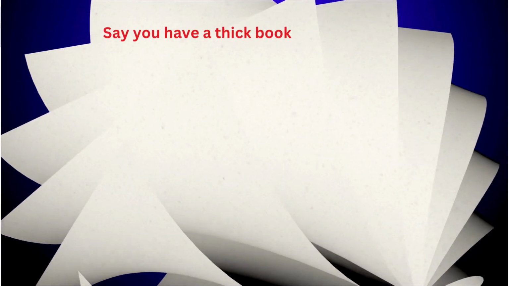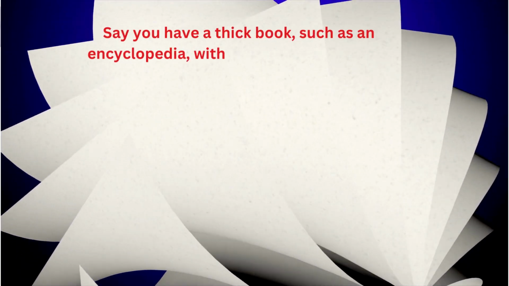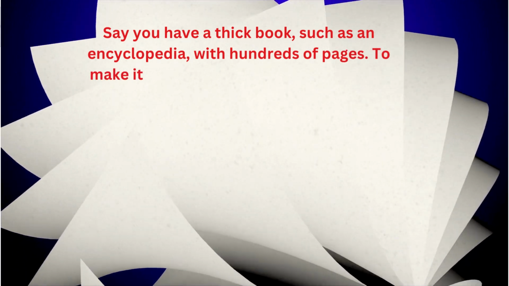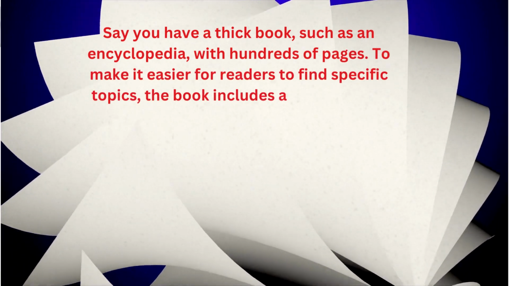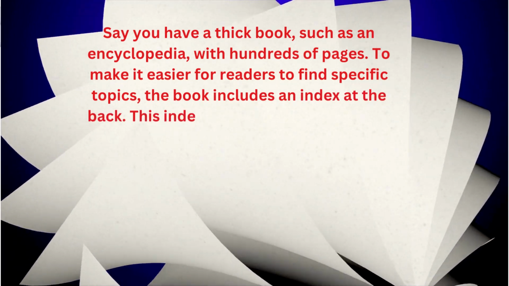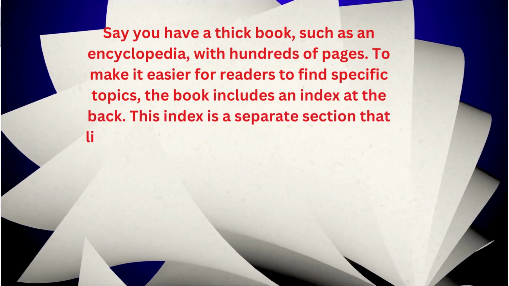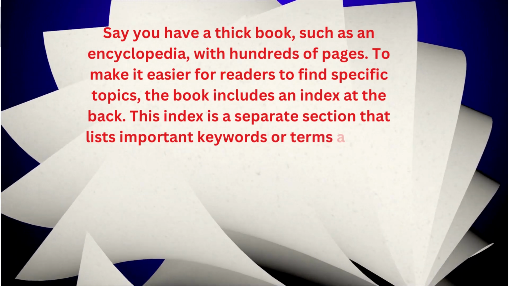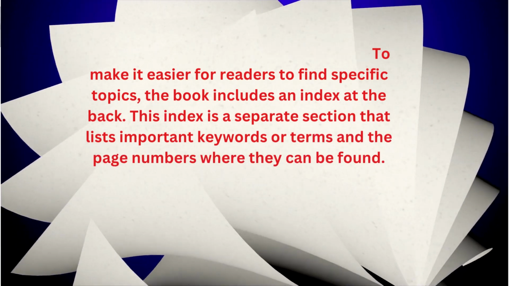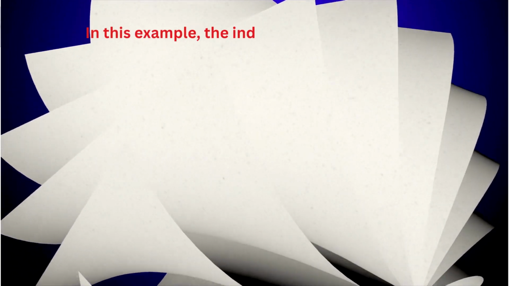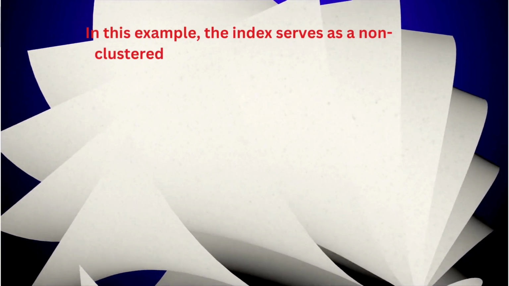Say you have a thick book such as an encyclopedia with hundreds of pages. To make it easier for the reader to find specific topics, the book includes an index at the back. The index is a separate section that lists important keywords or terms and the page numbers where they can be found. In this example, the index serves as a non-clustered index.